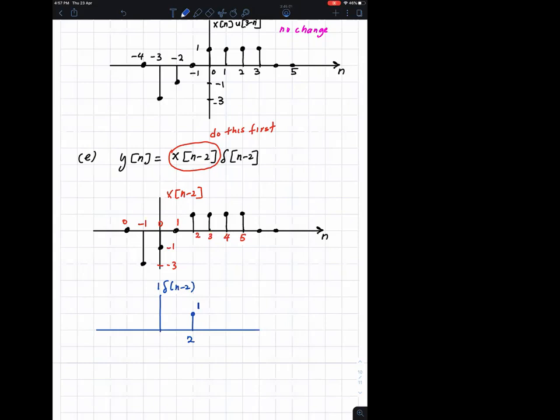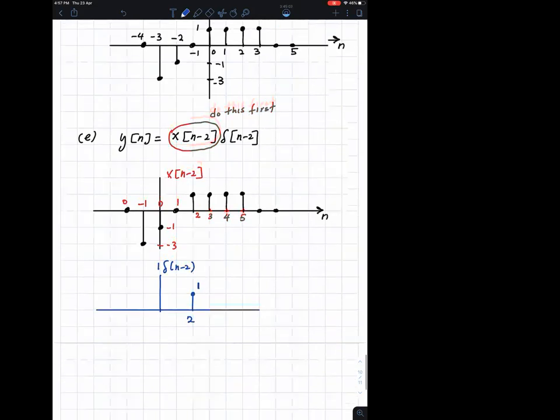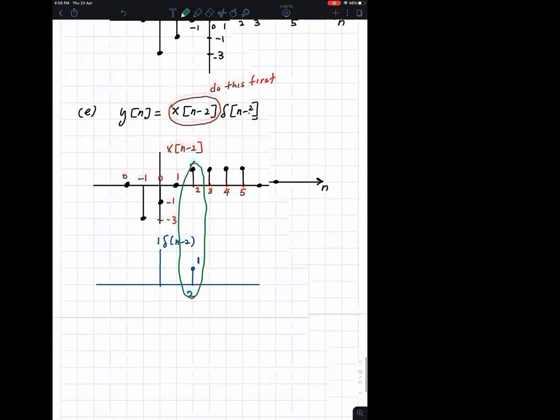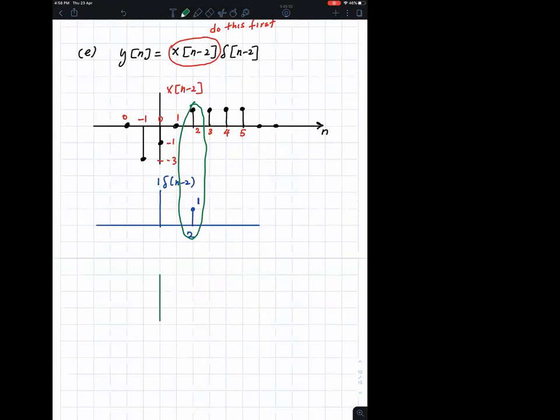Now you can see very clearly the delta function is just like a filter. We multiply with x[n minus 2], it's just going to filter this out. So you're going to get 1 here, amplitude is 1, and then amplitude over here is also 1.